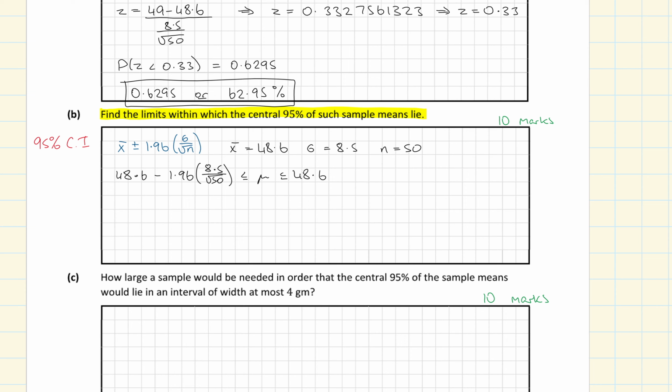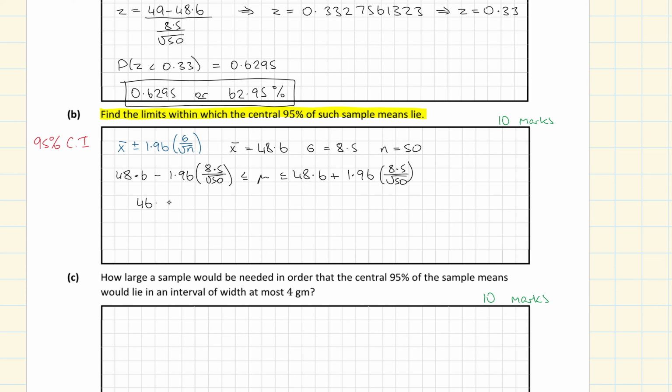And then same set of figures, we just add them this time. Okay, so 48.6 minus 1.96 bracket 8.5 divided by root 50 into your calculator. You'll get back quite a long decimal. We'll write it all out first before we round.